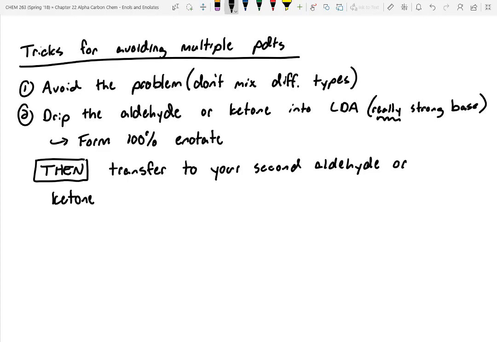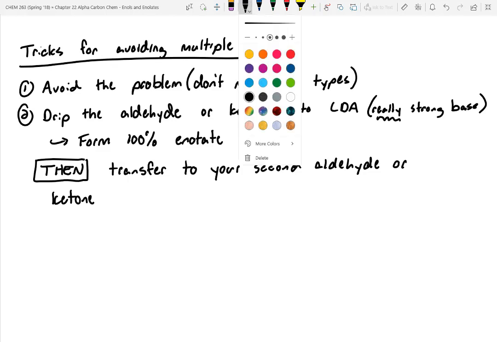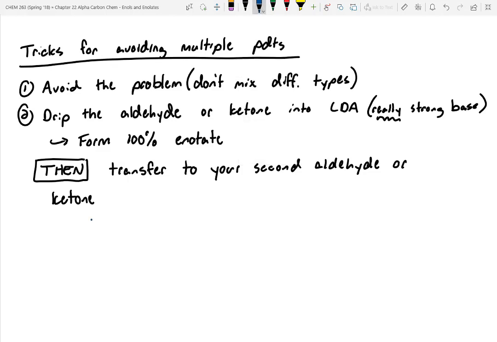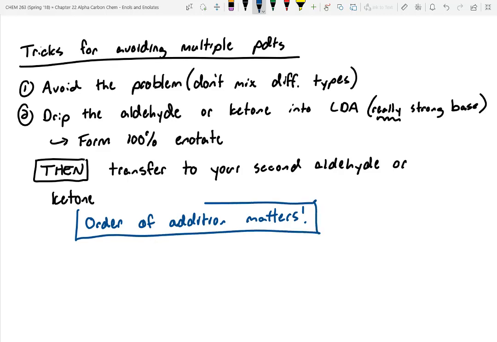So that's one thing you can do. The key takeaway with this type of trickery is order of addition matters. So whichever one you want to be your enolate needs to go into the LDA, not the other way around, and you can't just mix everything up in one pot.